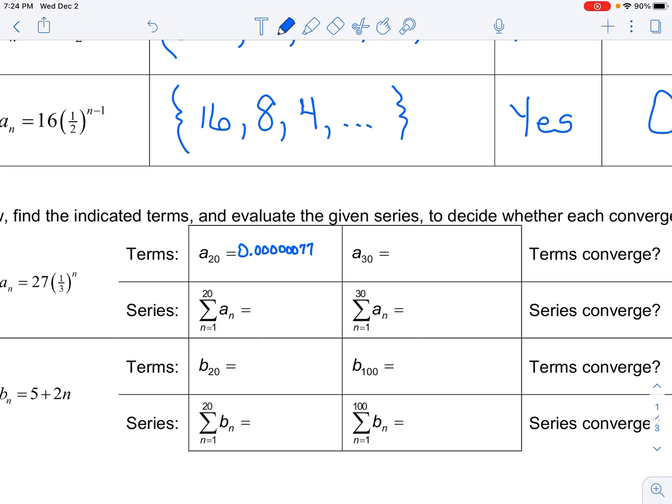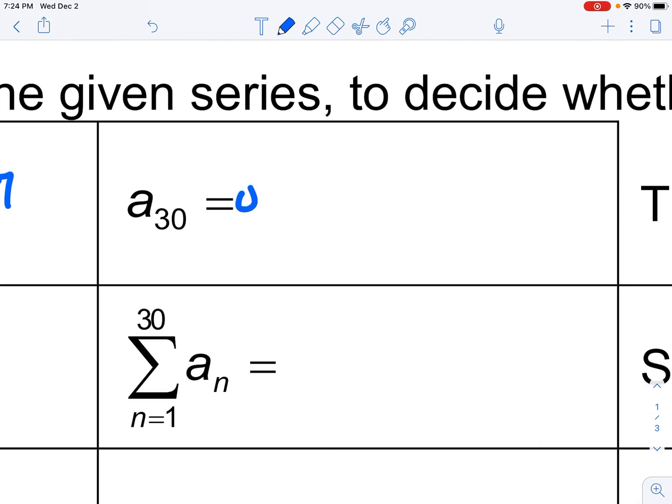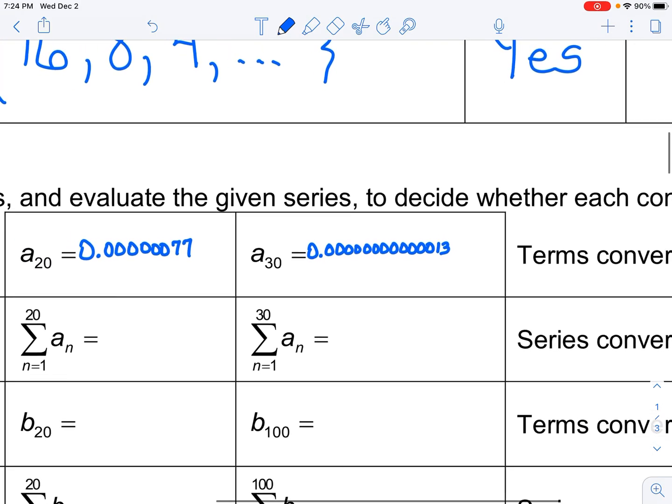Now, if I let n be 30, now I get 1.311 and then e to the negative 13. So when I write this number, it's going to have 12 zeros. 1, 2, 3, 4, 5, 6, 7, 8, 9, 10, 11, 12, and then a 1, 3.